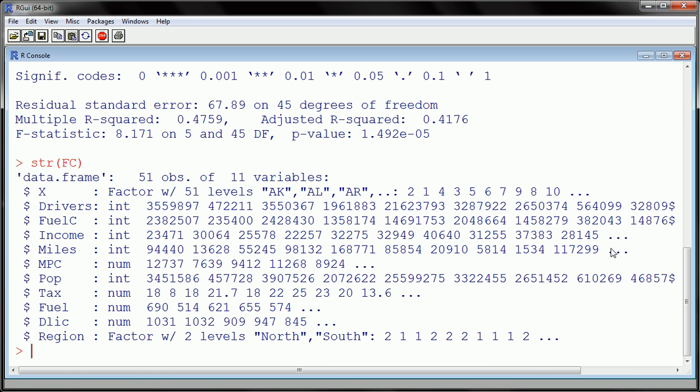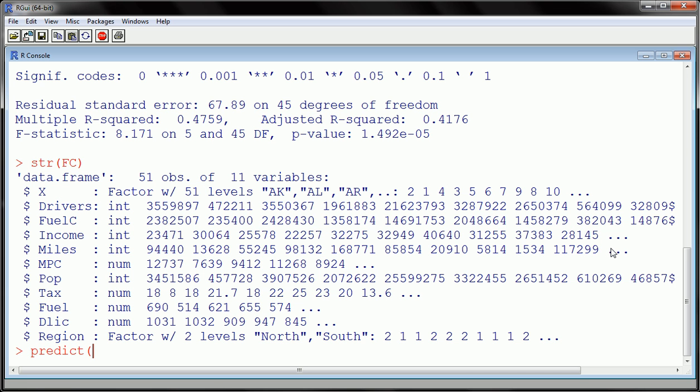Since fuel is what we're trying to predict, we want to know what's going to happen to fuel consumption if we tinker with some of these independent features. Namely, what happens if the income goes up, if the tax rate goes down, if you're in a northern state instead of a southern state, and so on.